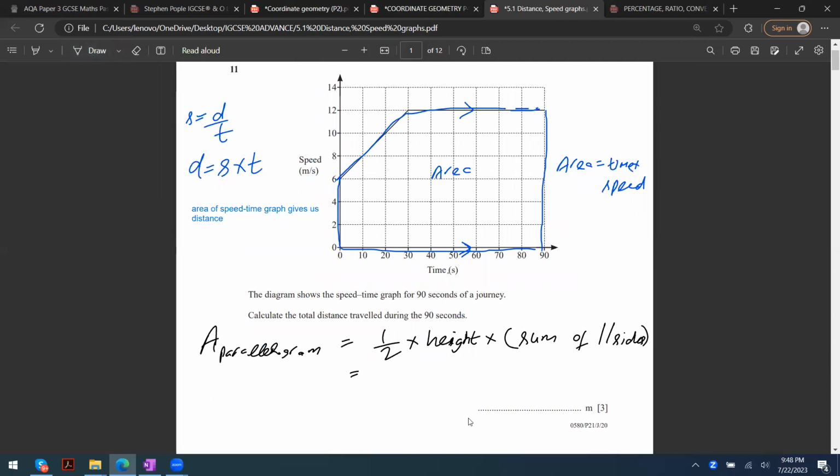So 1 by 2, times the distance between the parallel sides. Height is the distance between the parallel sides, which is 12. Sum of parallel sides: side 1 is 90, side 2 is 90 minus 30, 60.